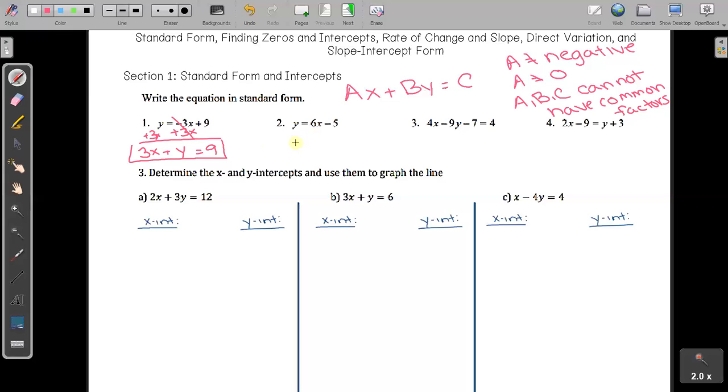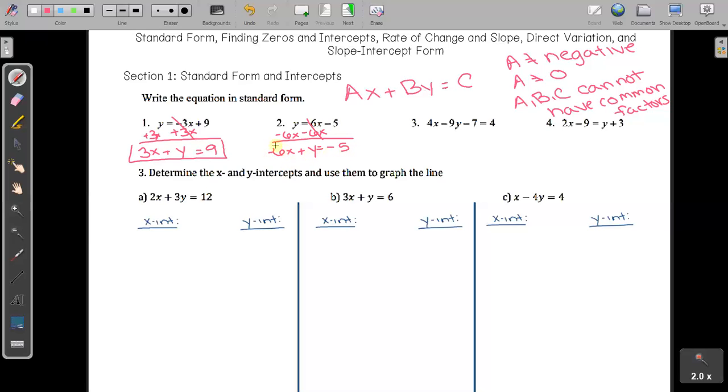The next one, we need to move x over to the other side. So x is positive 6, so we have to do the opposite and subtract 6x from both sides. It cancels out. We bring down negative 5, and then we have negative 6x plus y. Now there's something that we cannot have that's happening right now.